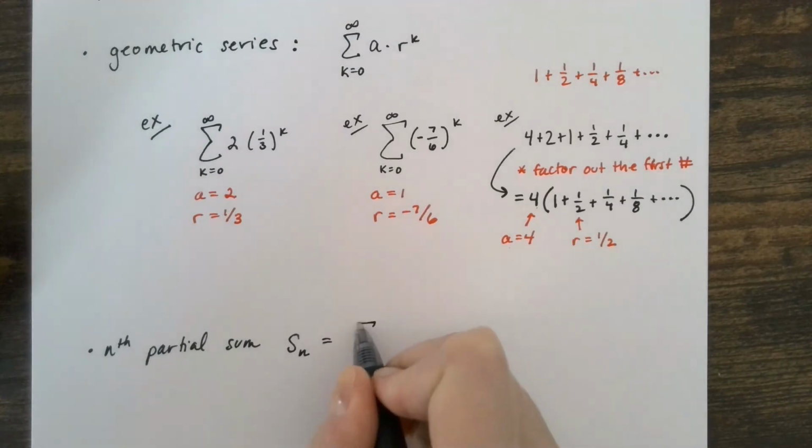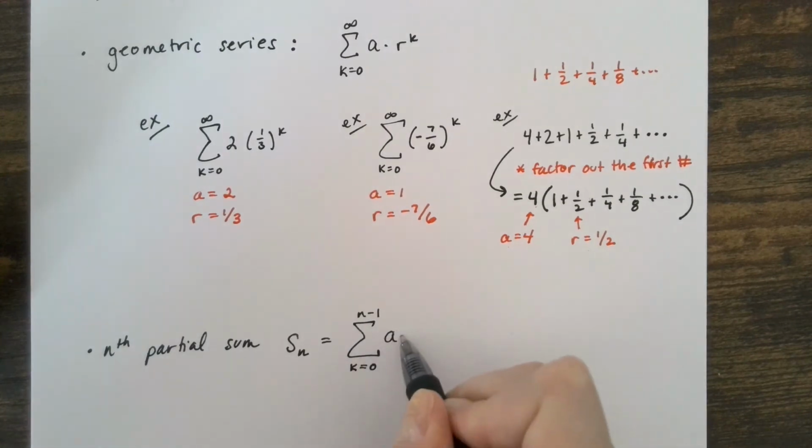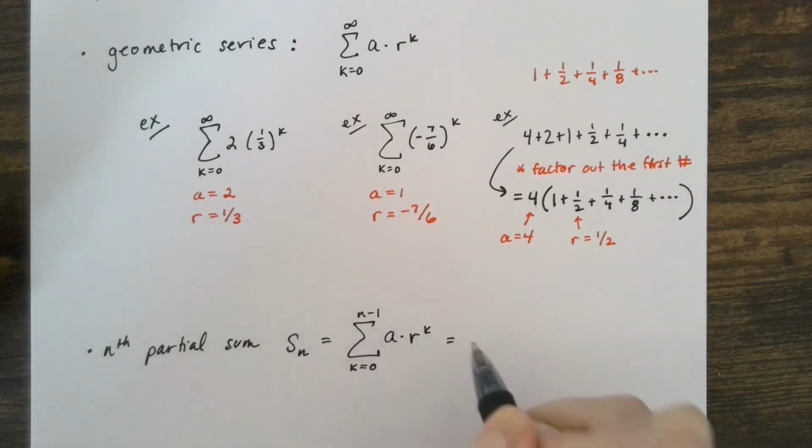Now, I do want to specify here, we're not going to spend a lot of time doing partial sums for geometric series, but I do want to make sure it's clear. So this would be the sum of the first n terms. So if we start at 0, that means that the last thing added is the n minus 1 term, because the 0 counts as one of them. So we would have a times r to the k, whatever that is for that geometric series.